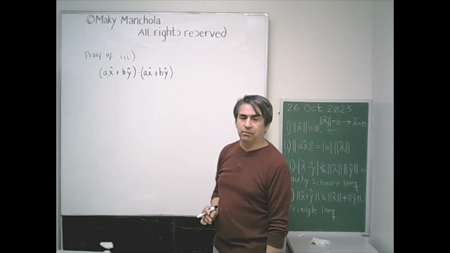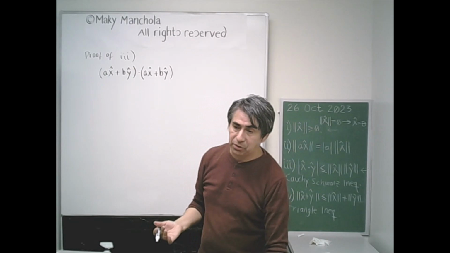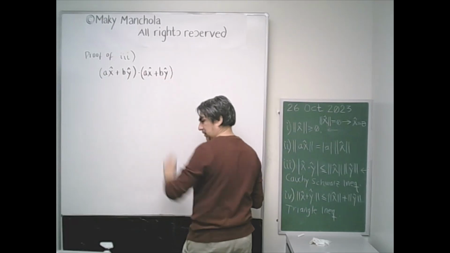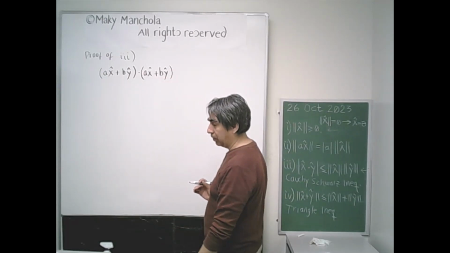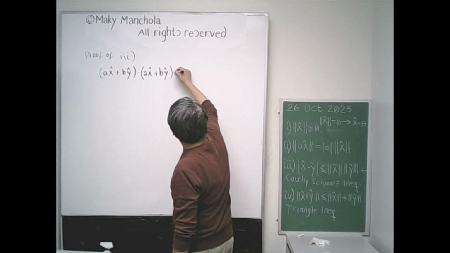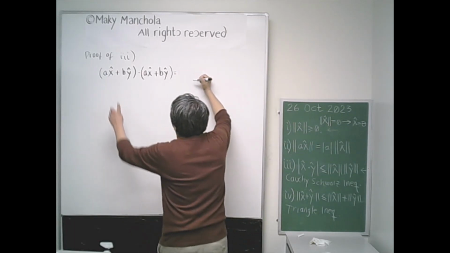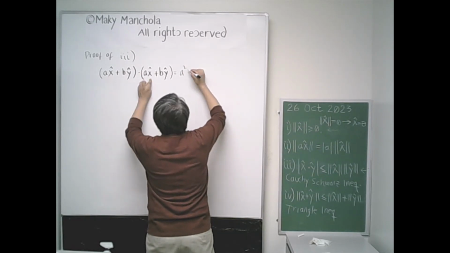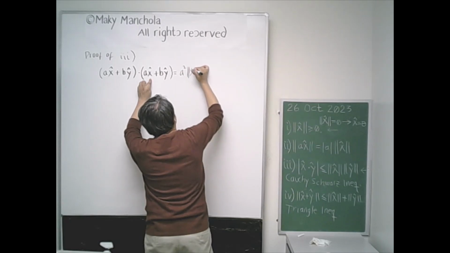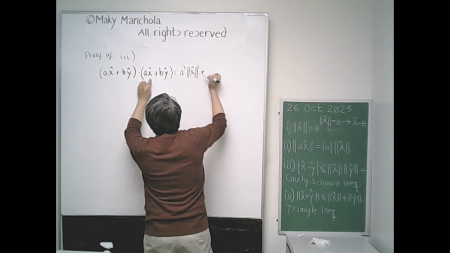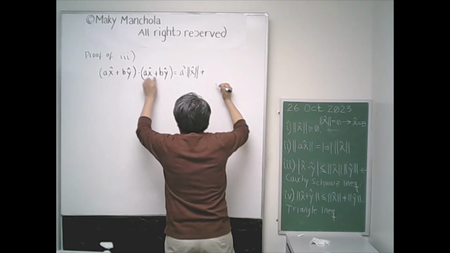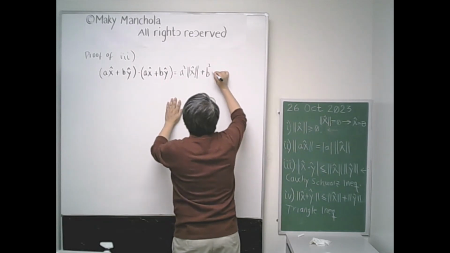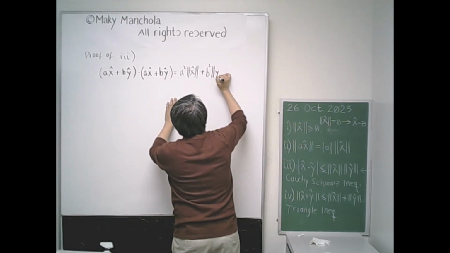We have that the dot product distributes over vector addition, so we can do the usual first, outer, inner, last here, because the distributive property holds. When we do that, here's what we're going to get. a squared x hat dot x hat, plus, now let's do this part, b times b is b squared, and then y hat dot y hat.